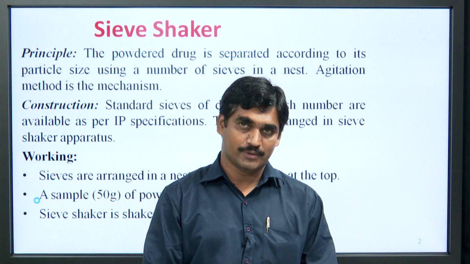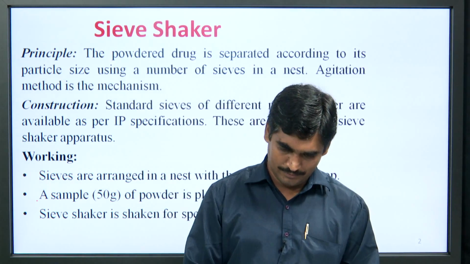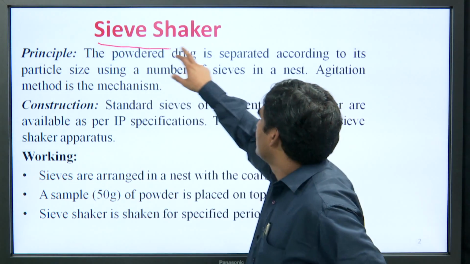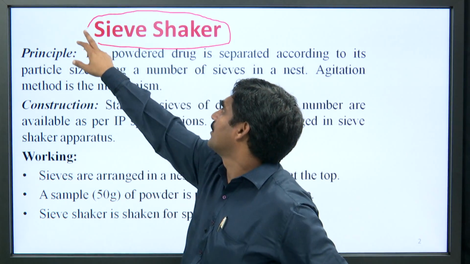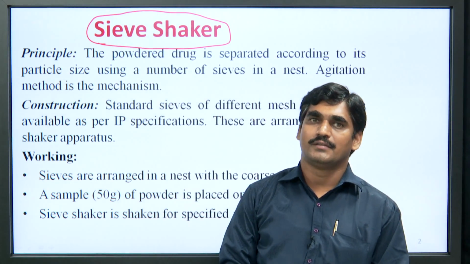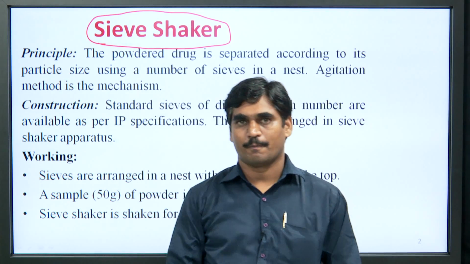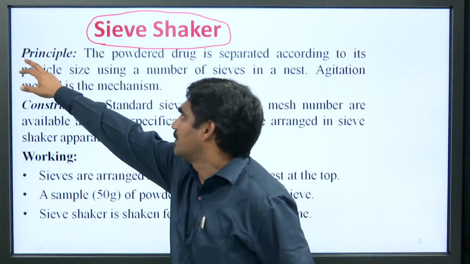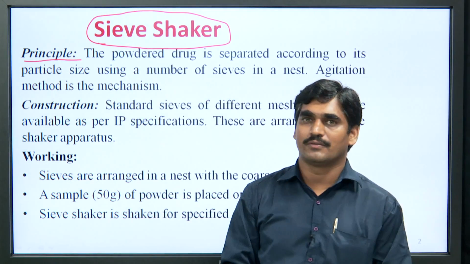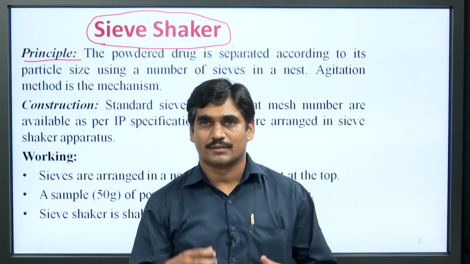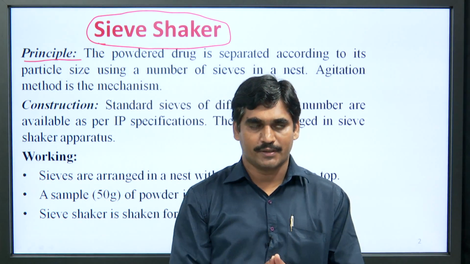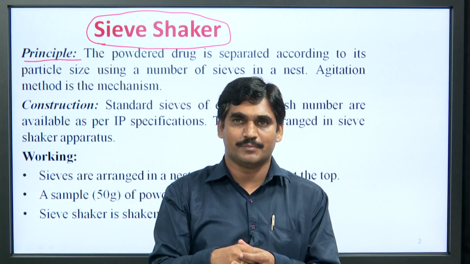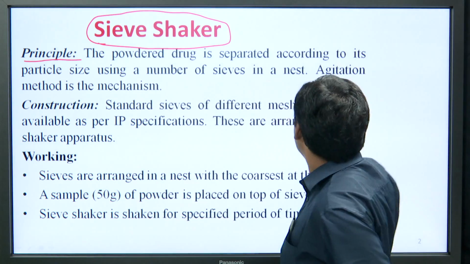So, let us come to the first slide, that is sieve shaker. This is the easiest and most commonly used instrument for size separation process. The principle behind the working of this instrument is that the powder drug is separated according to the particle size by using a number of sieves in a nest.